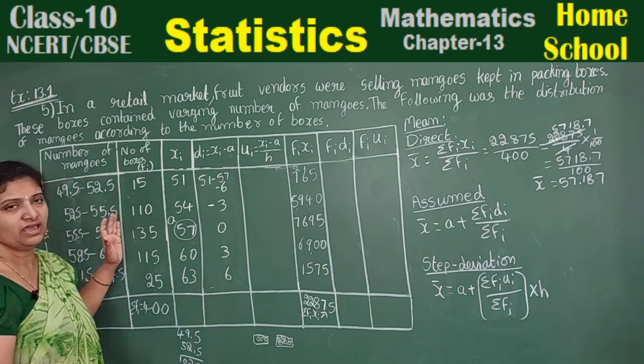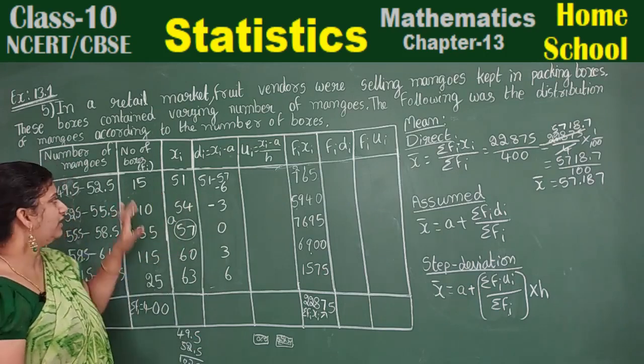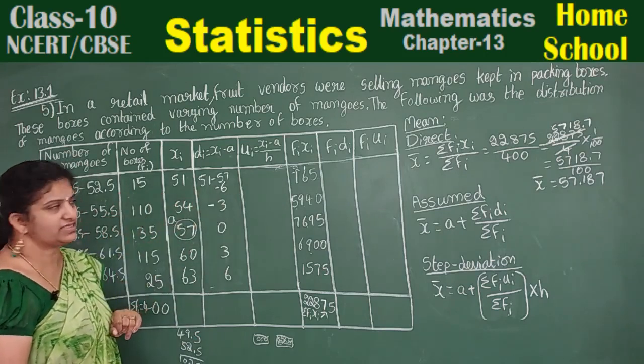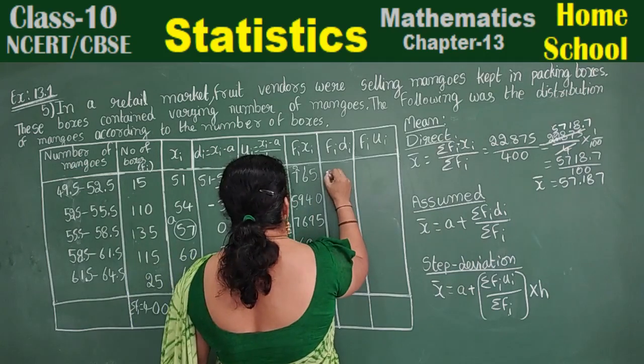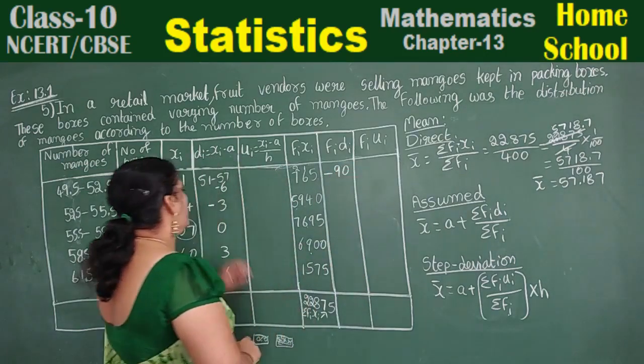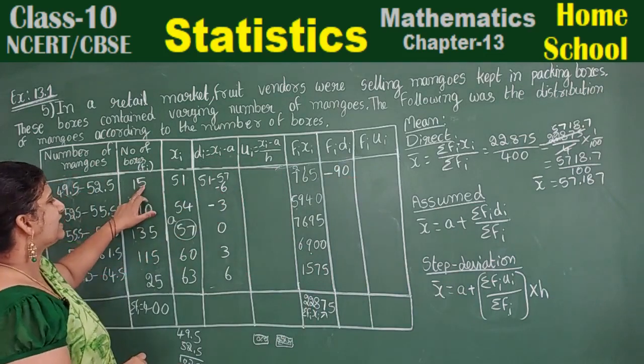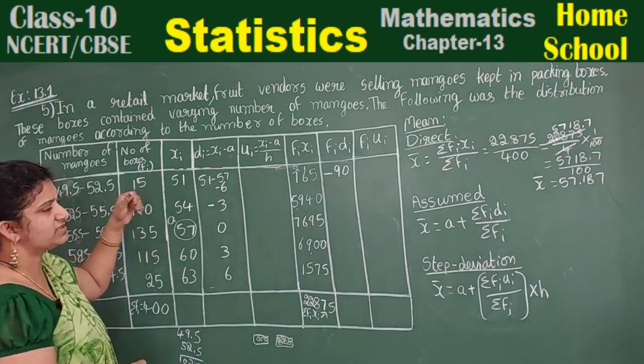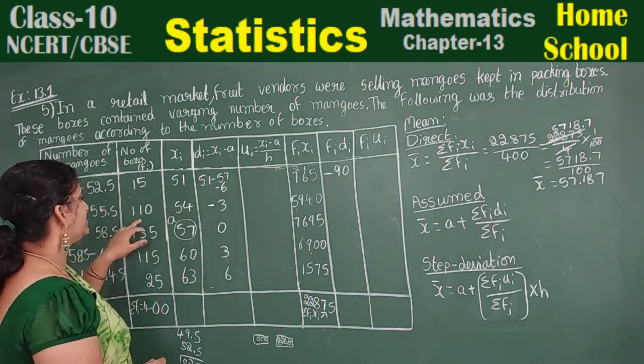Now multiply fi di. 15 into minus 6 will be minus 90.